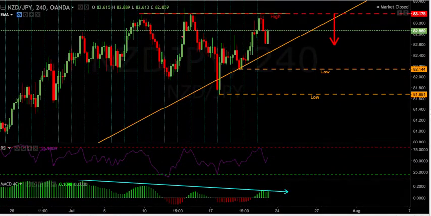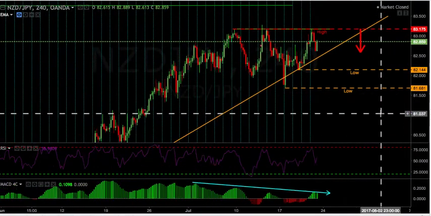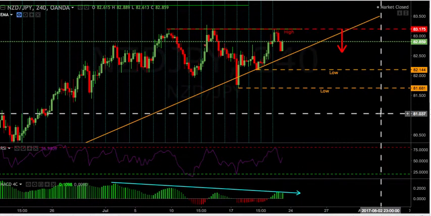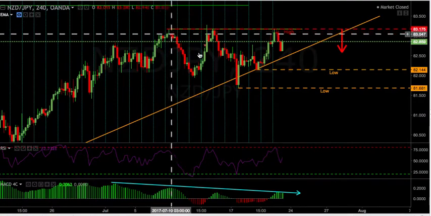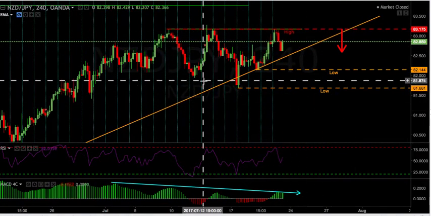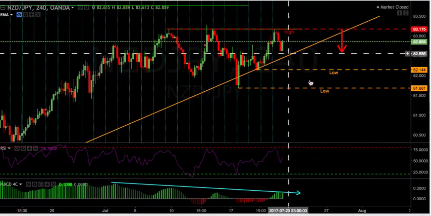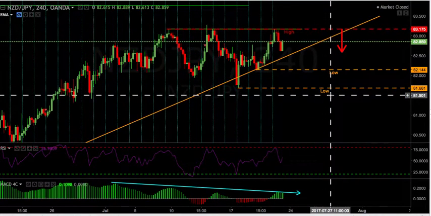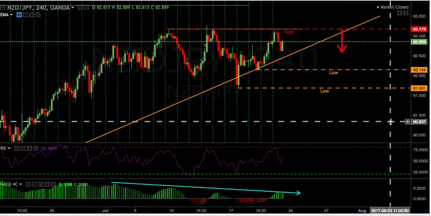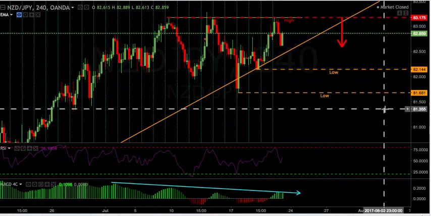New Zealand yen, my biggest trade, as I said before, was on the New Zealand yen. And it is also giving the same type of pattern, that triple top. 1, 2, 3. If you give a person 3 chances to enter, there's no point if they haven't entered the trade yet.